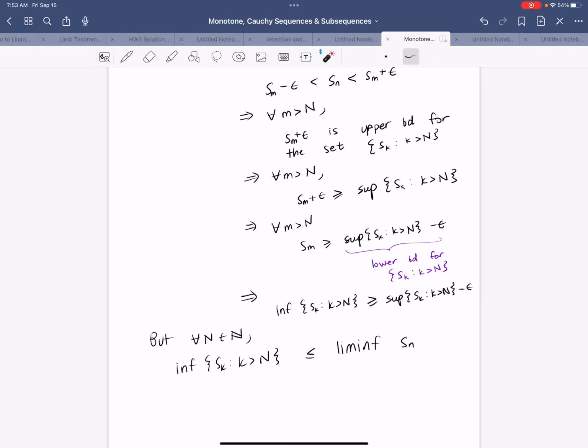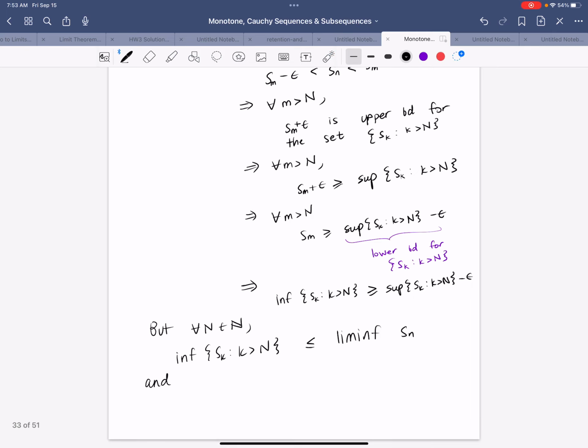And similarly, the sup is bigger than or equal to your lim sup. Because remember, your sups form a decreasing sequence, right? Because you're looking at these nested sets. And so the sups will only stay the same or get smaller as you remove elements from the set.